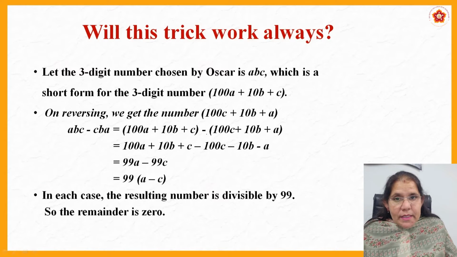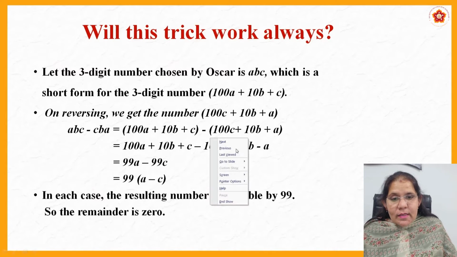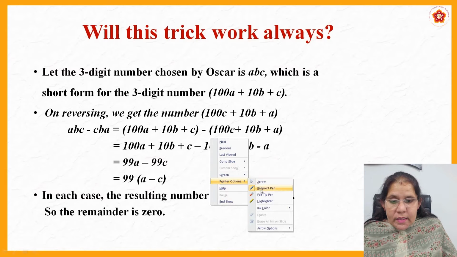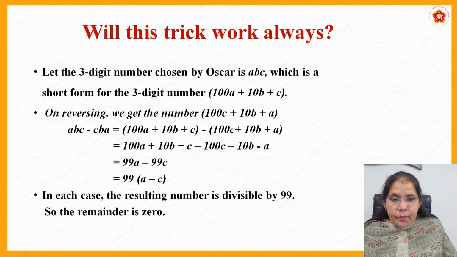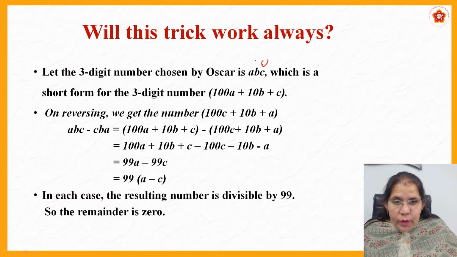So ABC will be written as 100A plus 10B plus C, because C is at the units place, B is at the tens place, and A is at the hundreds place here.